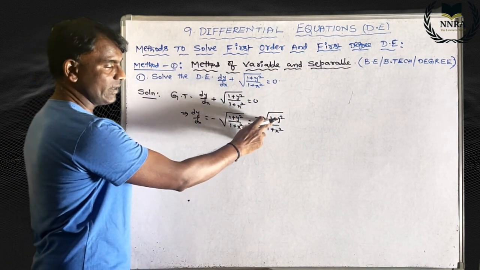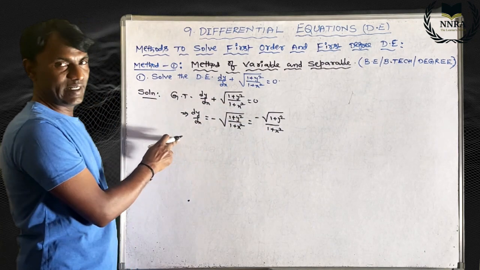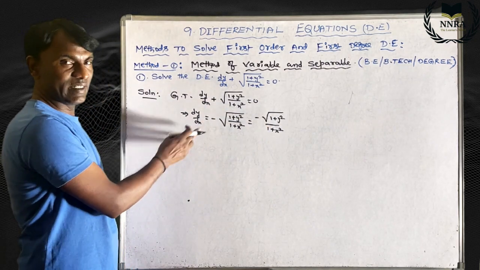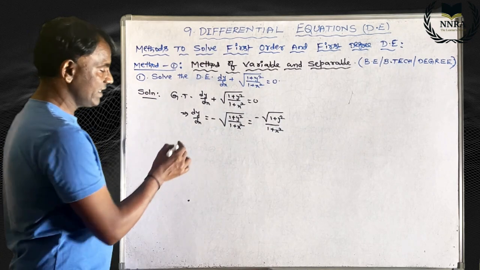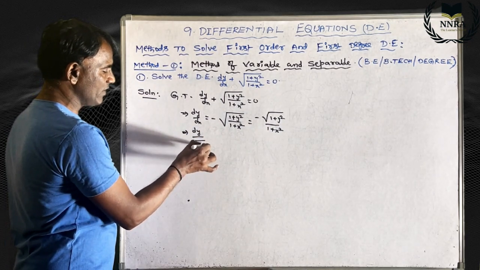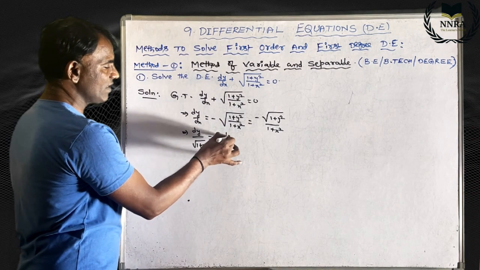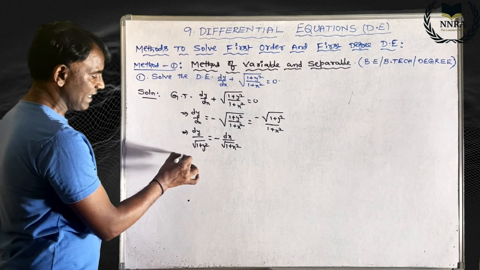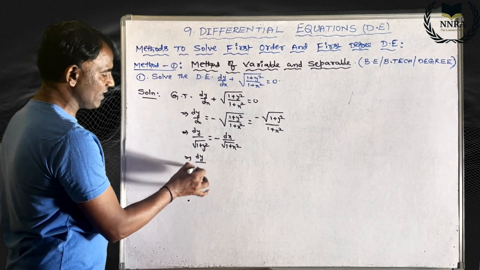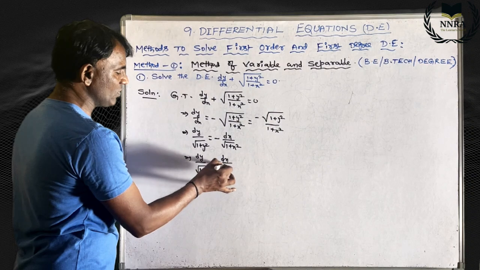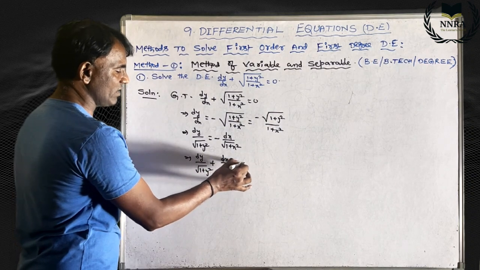And the y term we can write this side. If you take the y term to the left hand side, it comes to the denominator: dy by root of 1 plus y square equals minus dx by root of 1 plus x square. And again this can be written as dy by root of 1 plus y square plus dx by root of 1 plus x square equal to 0.